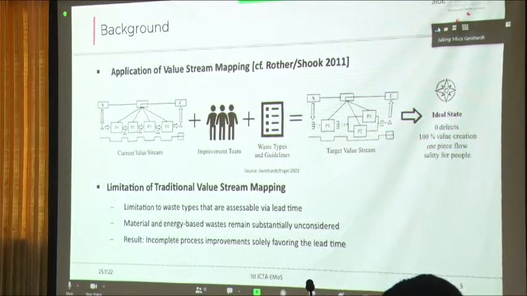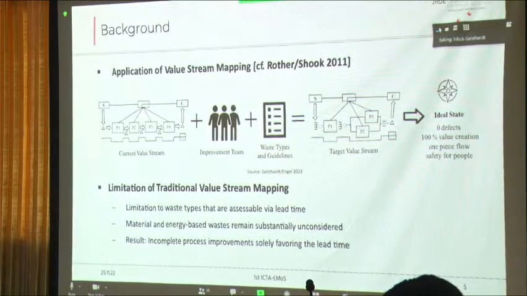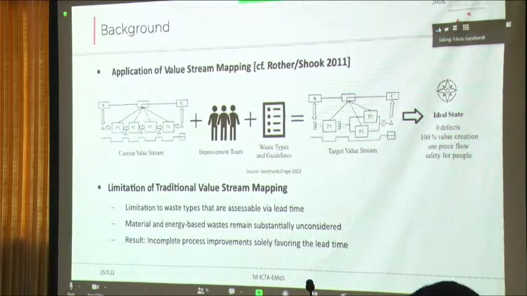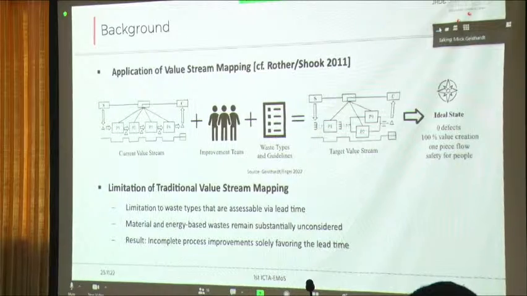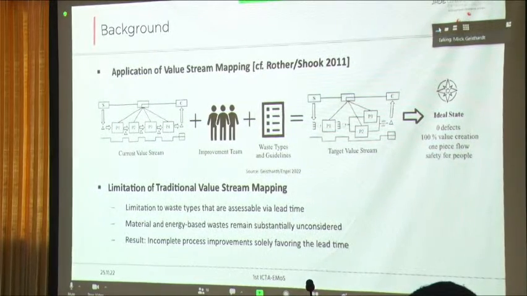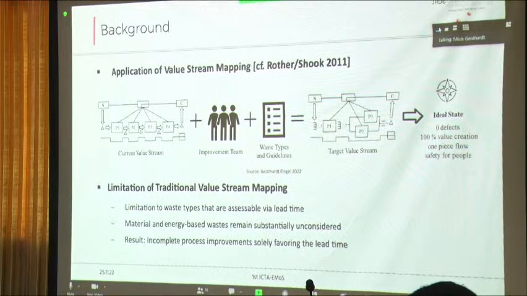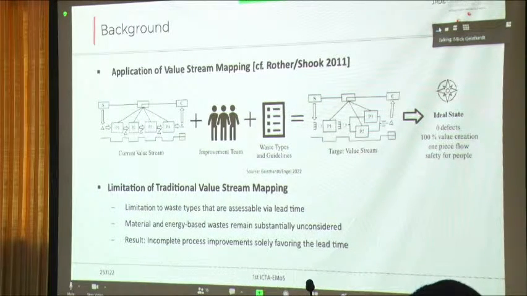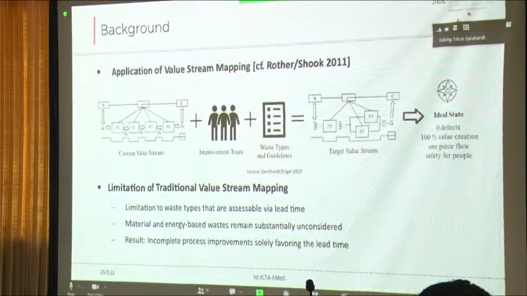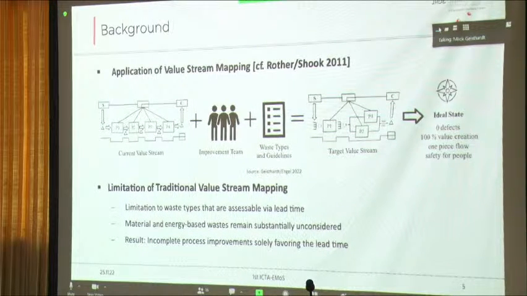These types are used to allocate wastes within the value stream, and in sequence, the same improvement team uses defined guidelines by Rother and Erlach. For example, some of these guidelines are production according to customer time, or establish a bottleneck control to optimize this value stream. This you can see on the right side, a conceptual example for a target value stream.